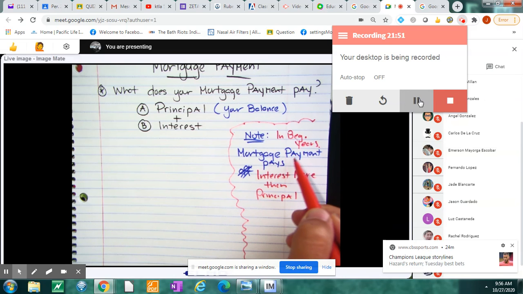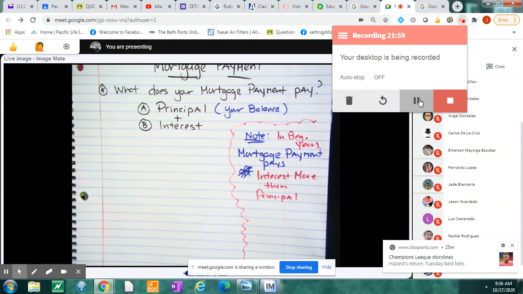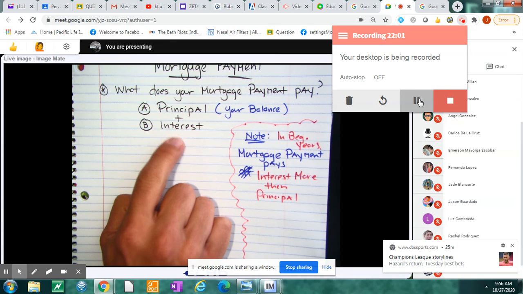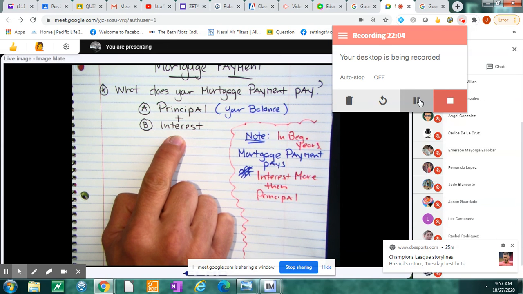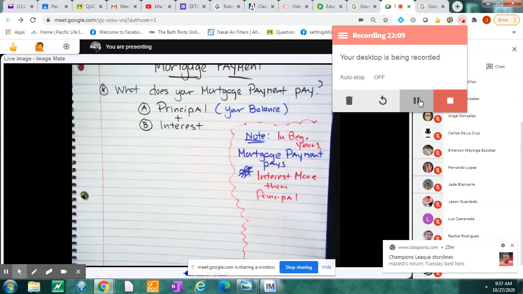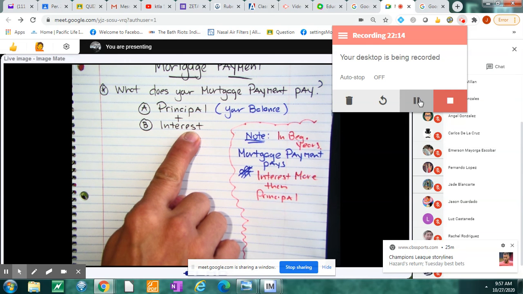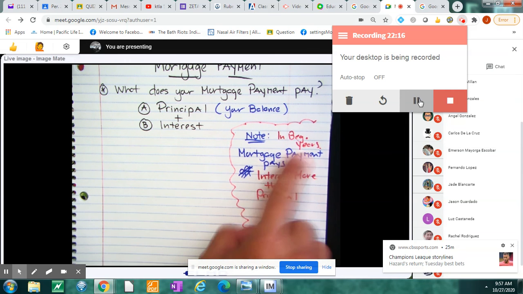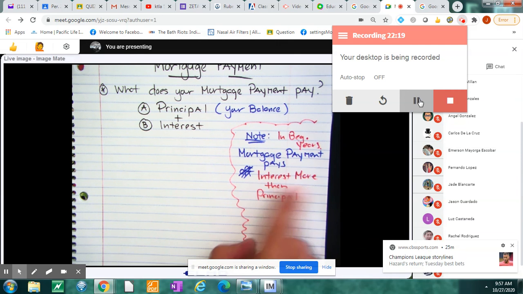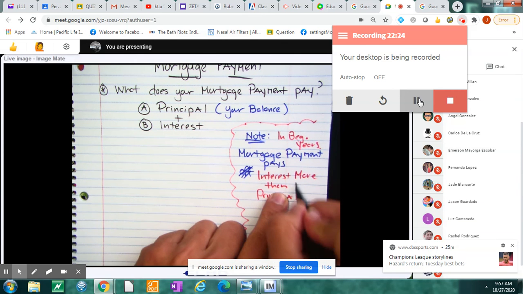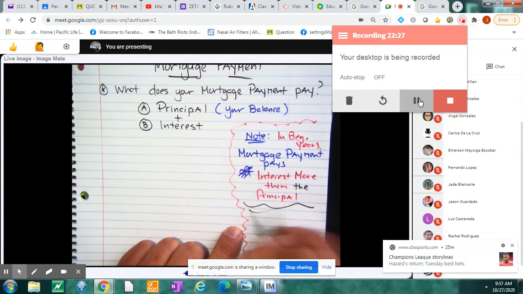When you make your payment, do you think it goes 50-50? Let's say you pay $100 a month, 50 goes to principal and 50 goes to interest. Do you think they're going to do that? No, no, no. You'll see that it doesn't work that way. Most of it is going to go into interest. That's why I put in beginning years, mortgage payment pays interest more than the principal. Why do you think they do that?